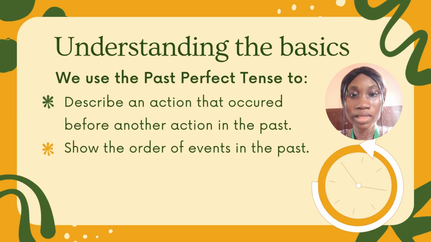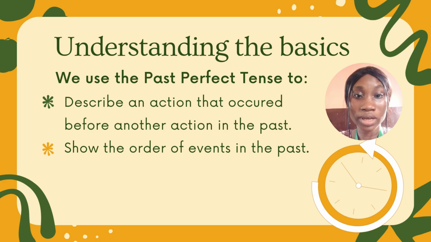Let's first of all understand the basics of past perfect tense. Now, past perfect tense describes an action that has occurred before another action in the past. So that means you have two actions involved. One action that has ended, another action that is about to start.